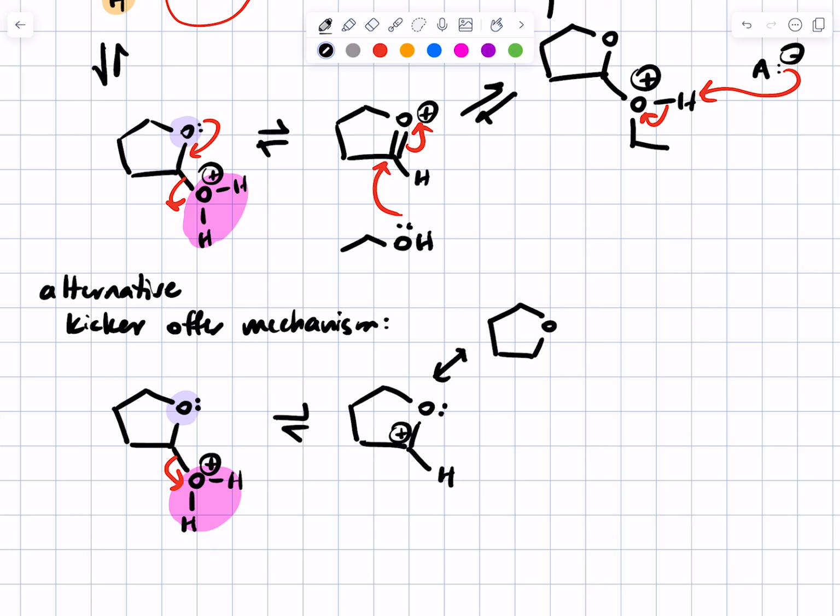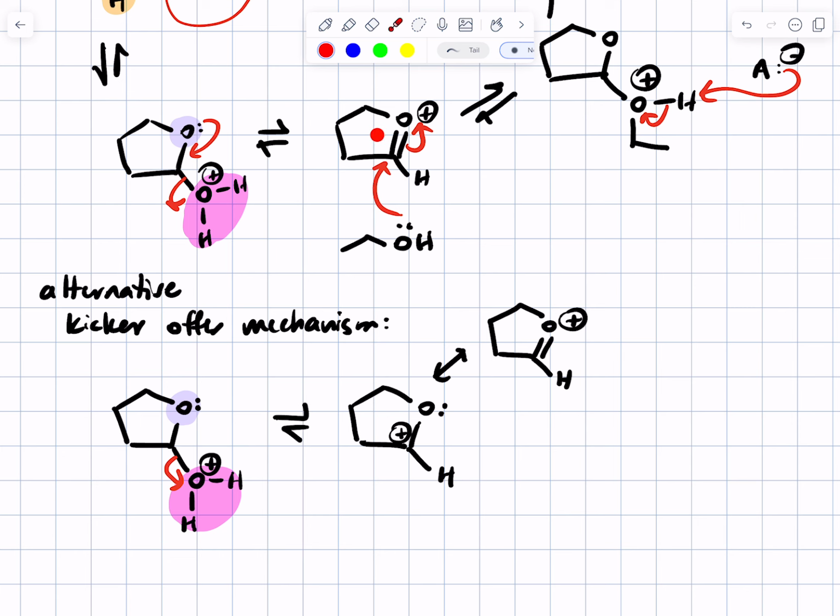And remember, resonance structures are not isomers, they are not different molecules, they are the same thing that only differ in how you're choosing to draw the electrons. And what they represent is incomplete pictures of the same molecule. So it is totally correct to draw the mechanism this way. It is also totally correct to draw the mechanism this way.